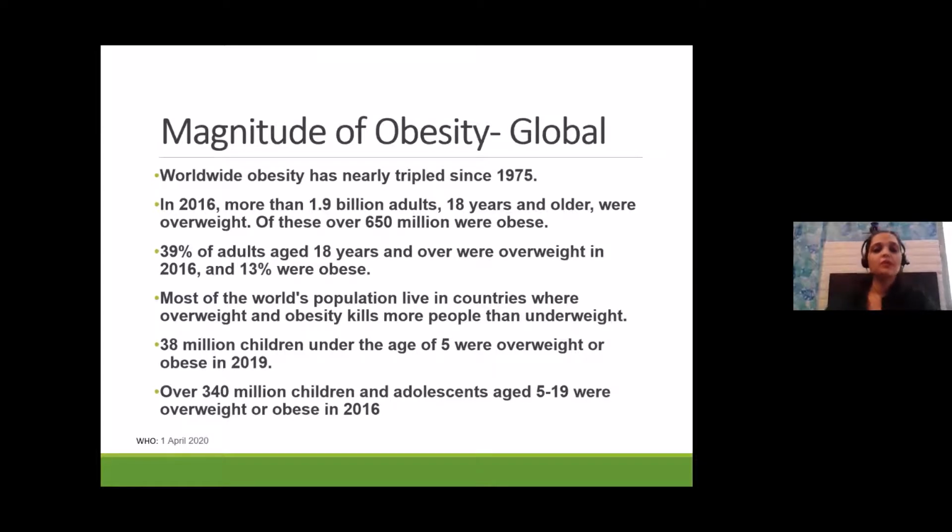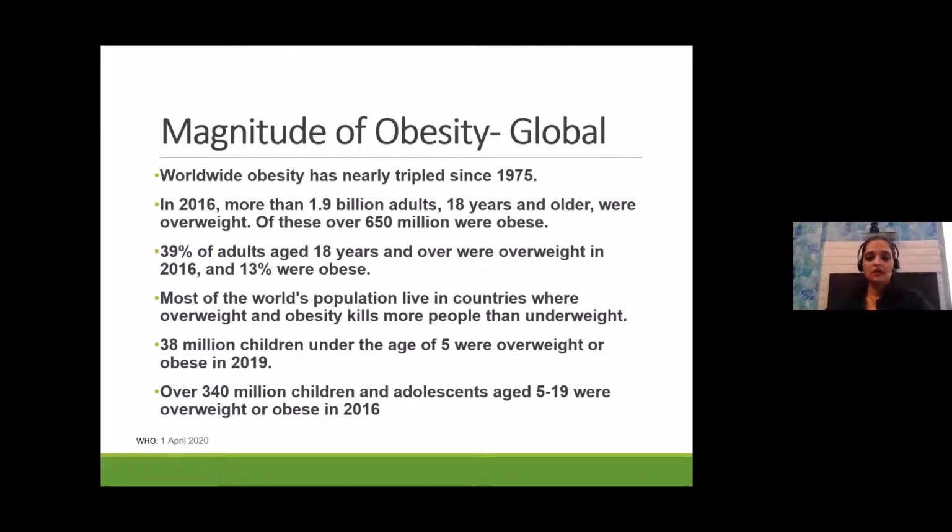Most of the world's population lives in countries where overweight and obesity kills more people than being underweight. 38 million children under the age of 5 were overweight or obese in 2019. Over 340 million children and adolescents aged 5 to 19 were overweight or obese in 2016.